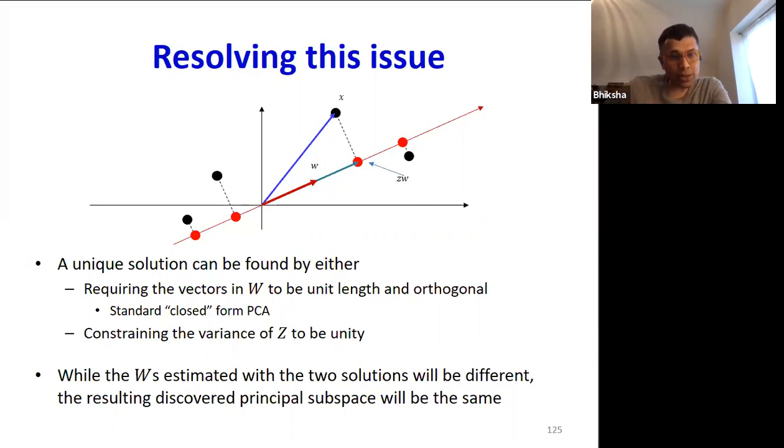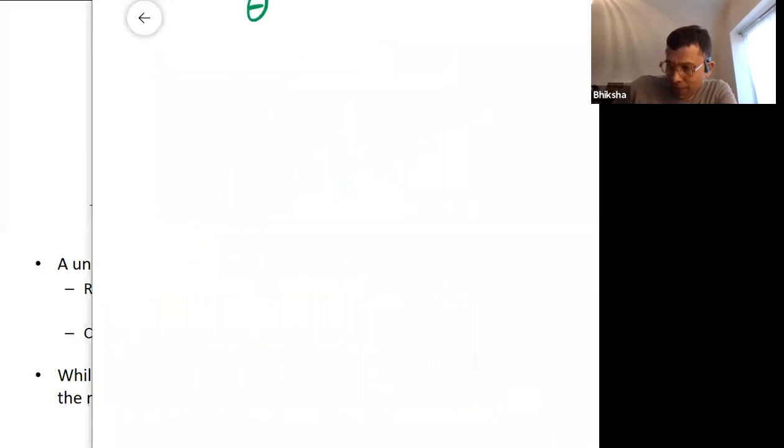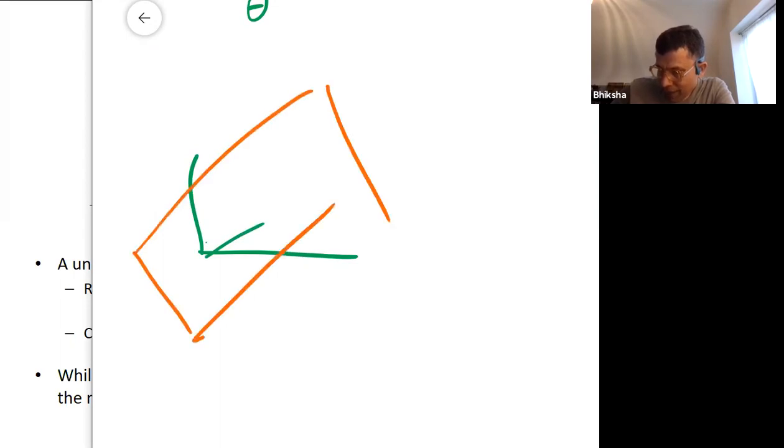And the second way is to say that when I begin dropping my data points onto the plane, I want the scatter of the... So remember, if I've got some two-dimensional plane in some three-dimensional space, every data point gets dropped onto a position on the plane, right?